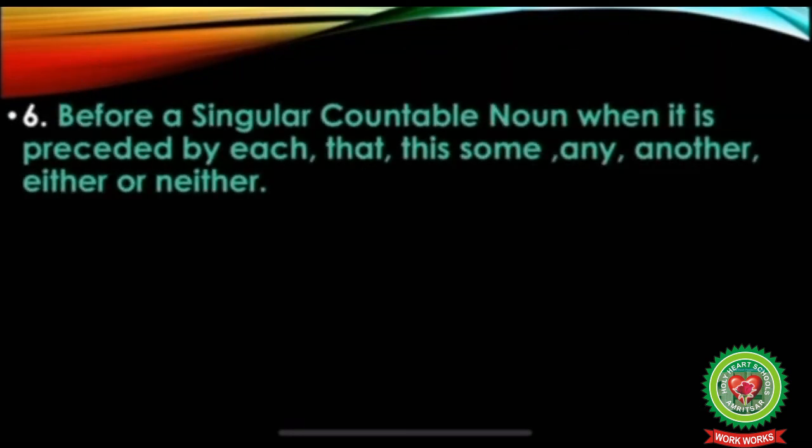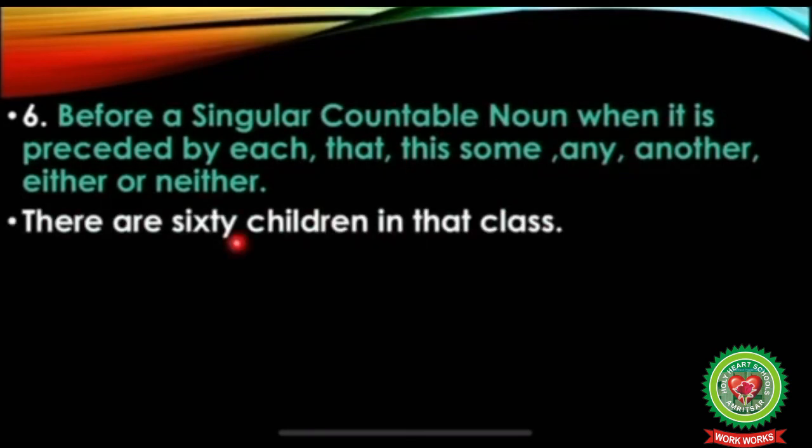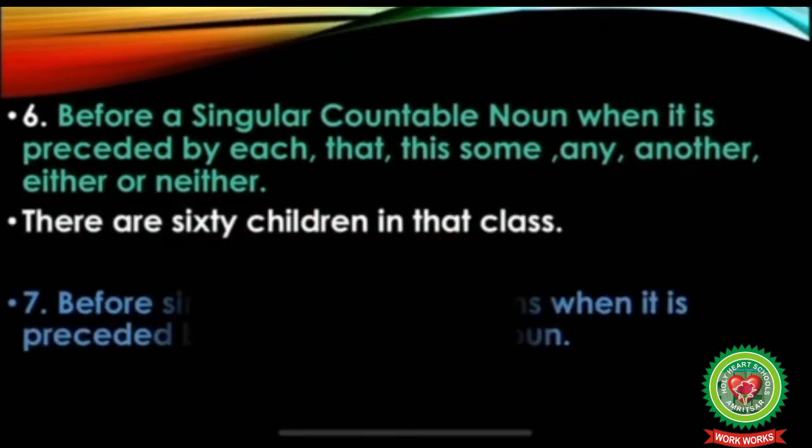Before a singular countable noun, when it is preceded by each, that, this, some, another, either or neither. So children, if a countable noun is there and before it any of these words are mentioned, we will not be using any article. There are 60 children in that class.